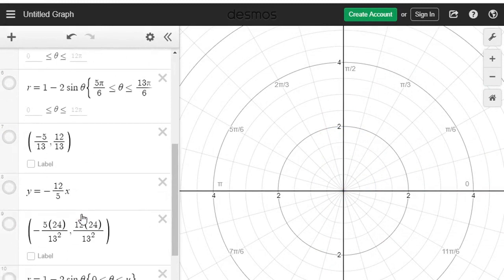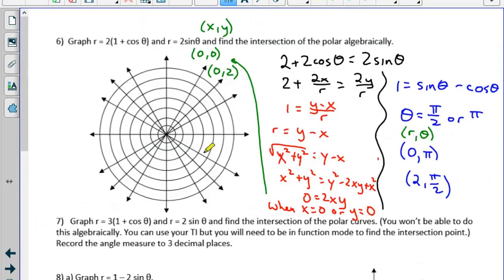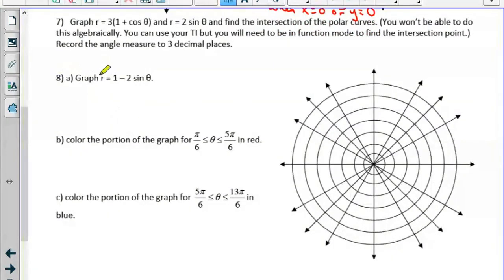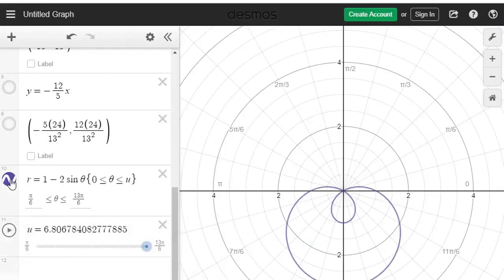And then the final question, problem 8 on your worksheet, is graph r equals 1 minus 2 sine theta. So we will do that. So I'll graph r equals 1 minus 2 sine theta.